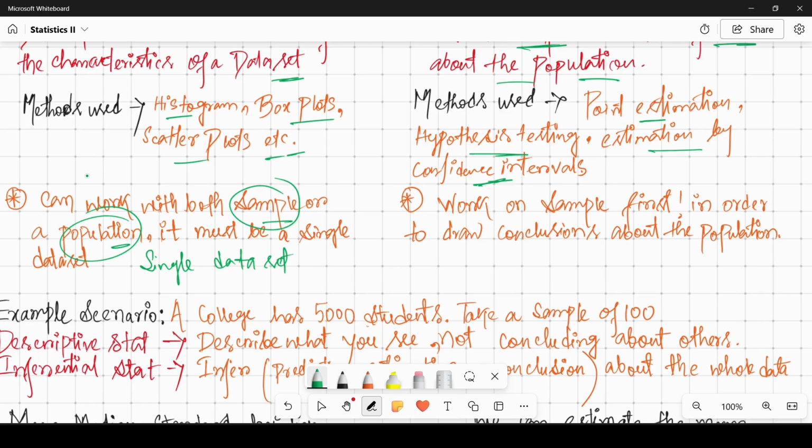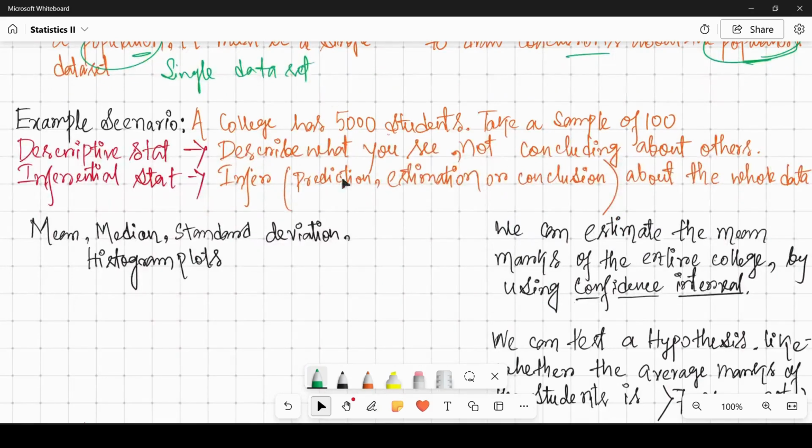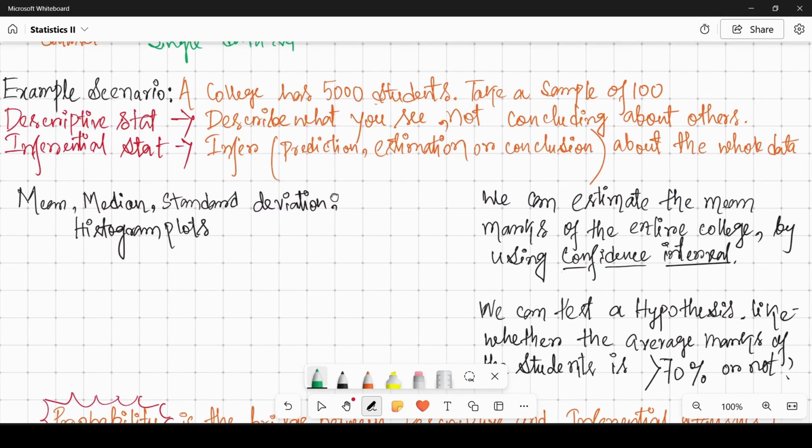But in case of inferential statistics, we say that it will work on a sample only first in order to draw conclusions about the population second. So in inferential statistics, the sample will be chosen, and the methods that we have talked about just now will be implemented on the sample in order to draw some conclusions and inferences about the whole population from which this sample is taken out.